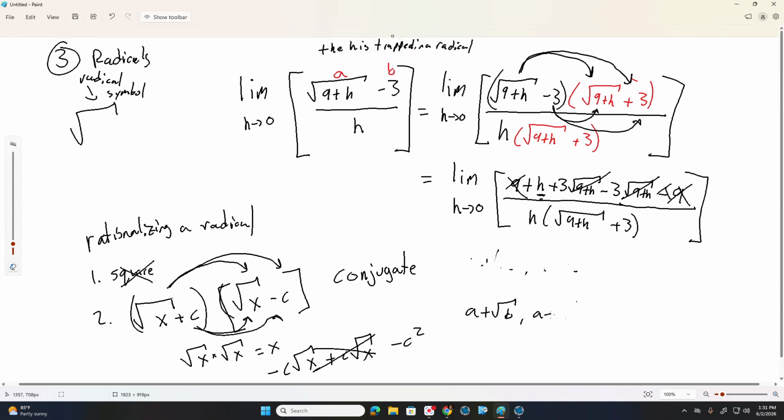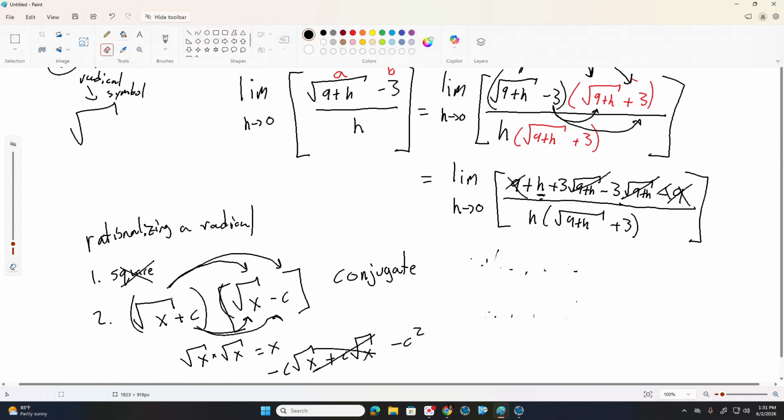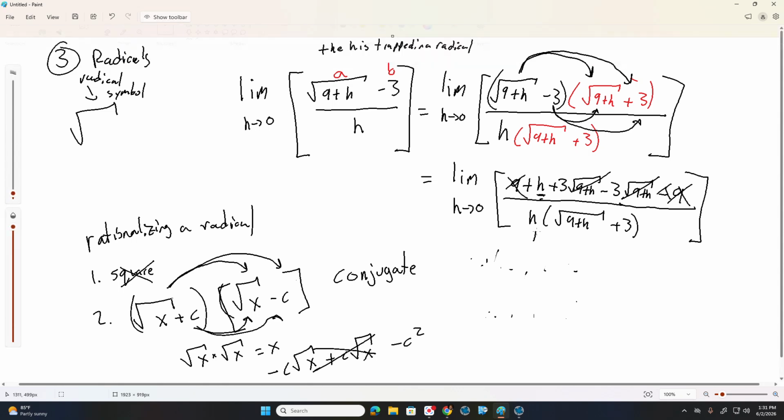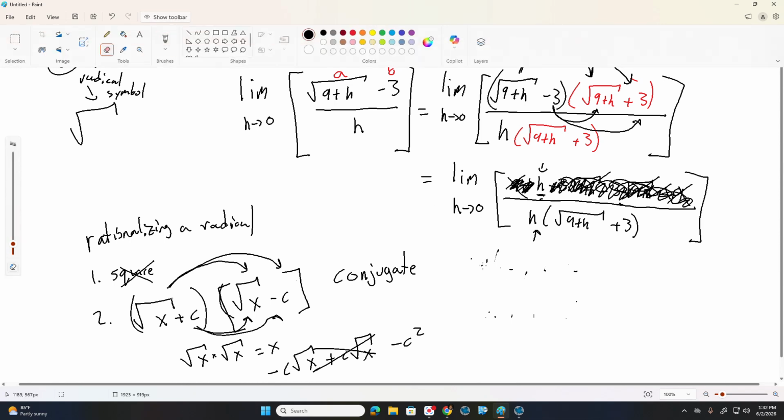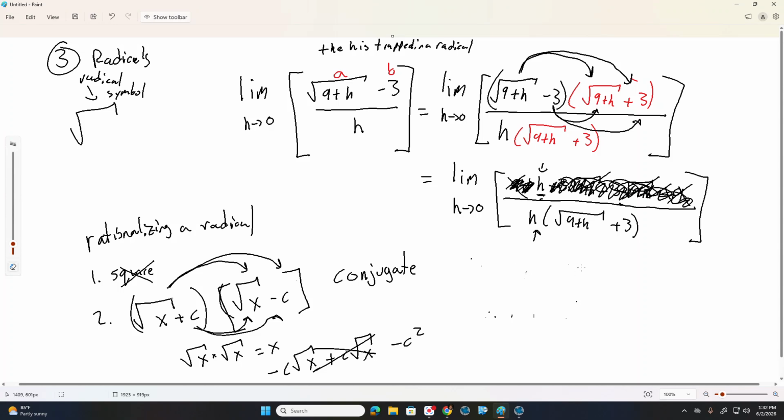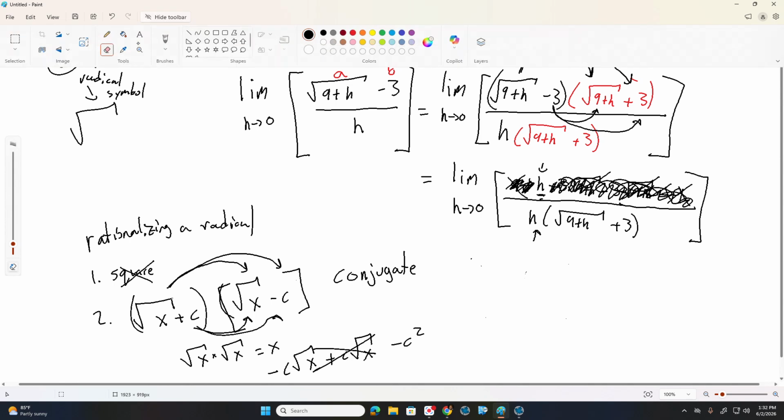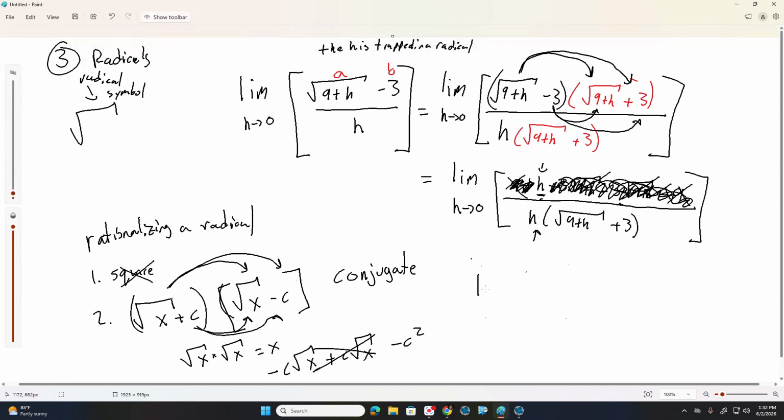Notice, once again, we've created a system where we have an h divided by an h. The only thing we have left on the numerator is h, and we have an h left in the denominator. Gone, gone, gone. All these things canceled. And again, h divided by h is not equal to 1. I'm not saying that. I'm saying that in a limit environment, I can cancel those h's.